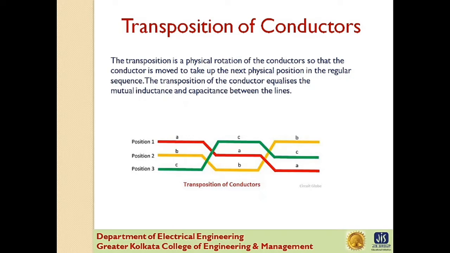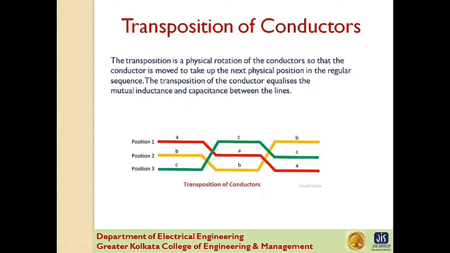Why do we need transposition? The inductance of unsymmetrical lines causes voltage drop even if the voltage is in a balanced condition, because of the induced voltage. The magnetic field exists around the conductor, which causes interference in the line. This can be reduced by continually exchanging the position of the conductors, which can be done by transposition of the conductors.